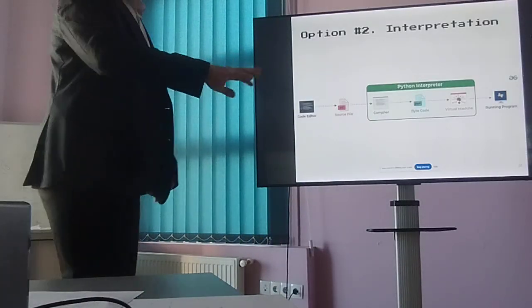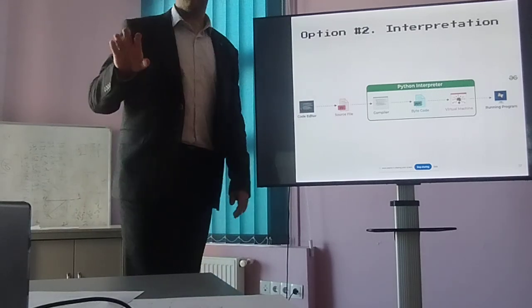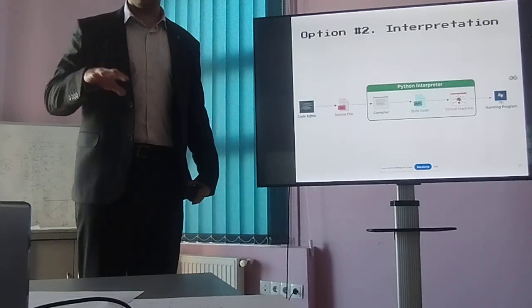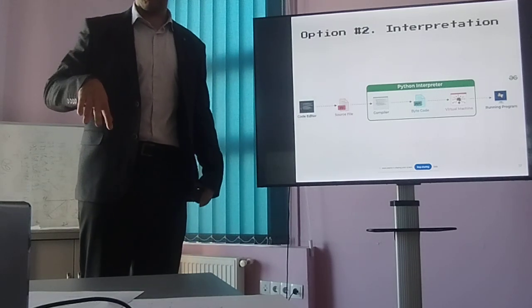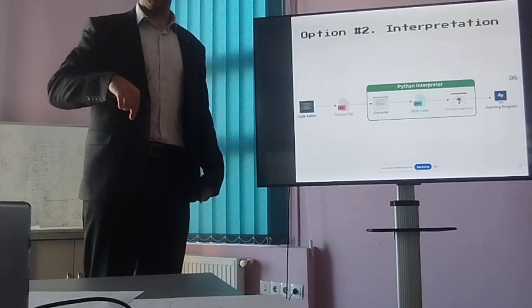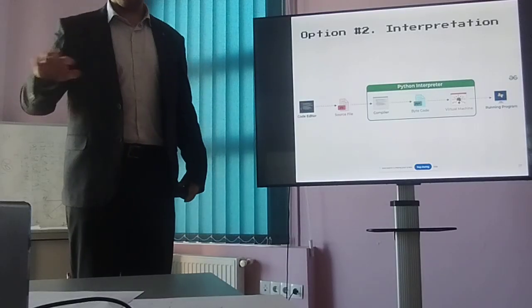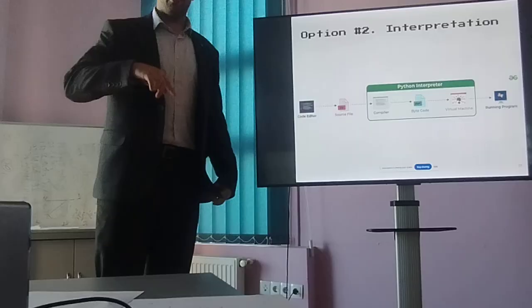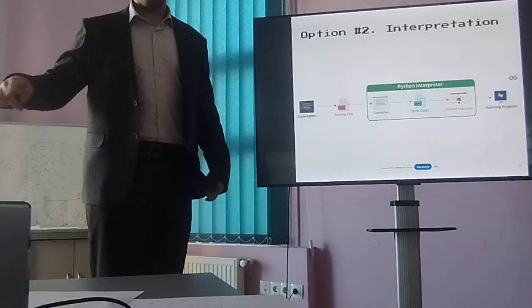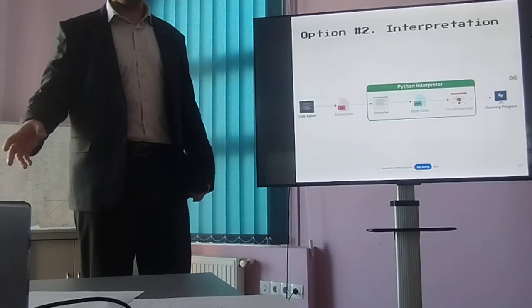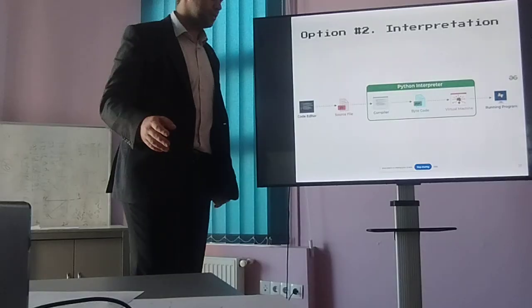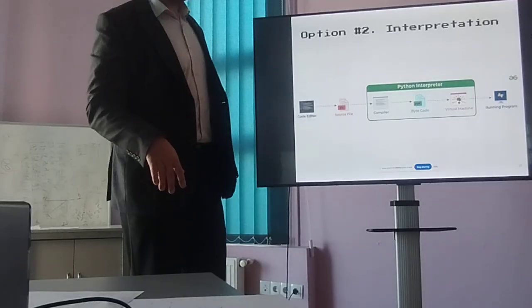Python is always slow. Do you know there are many interpreters for Python? One is CPython, the most common. And there is PyPy, which does JIT compilation, just in time. It's actually fast compared to this one.